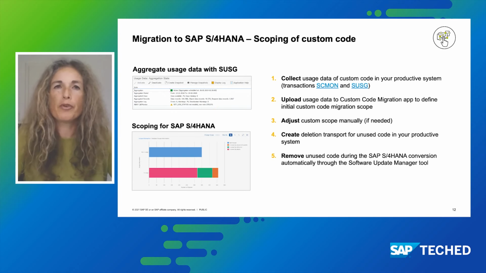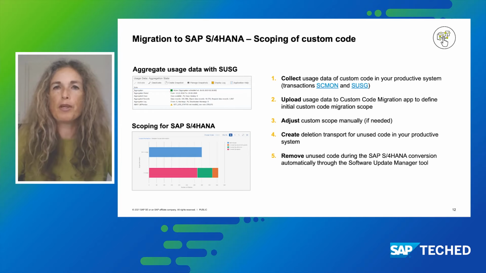Therefore, SAP's recommendation is to collect usage data for your custom code in production at least 1 year prior to the system conversion project using the ABAP Call Monitor, transaction SCMON and SUCG, or if you have already collected usage data using the usage procedure logging in Solution Manager, then you can, of course, reuse this collected usage data.